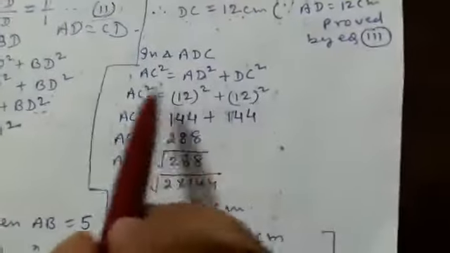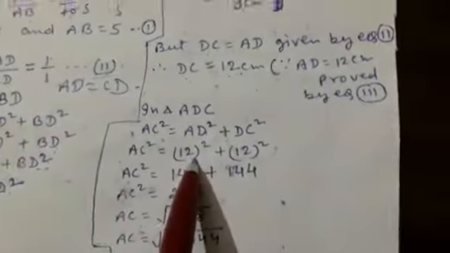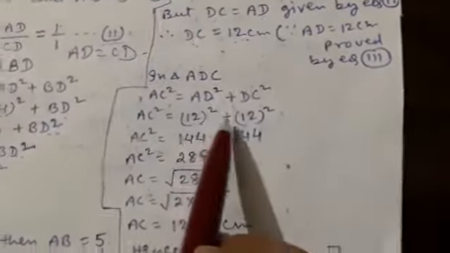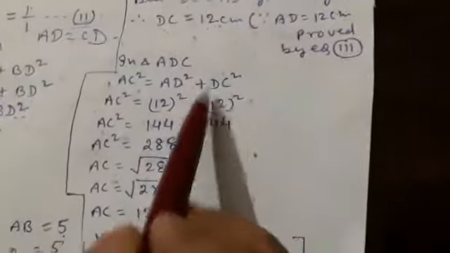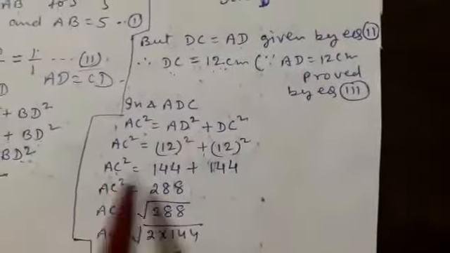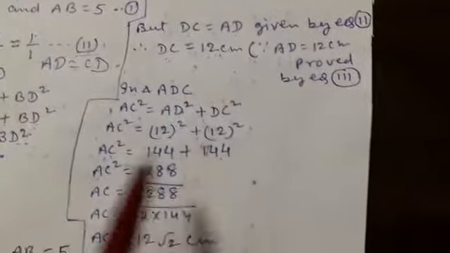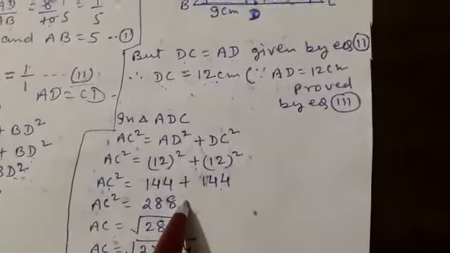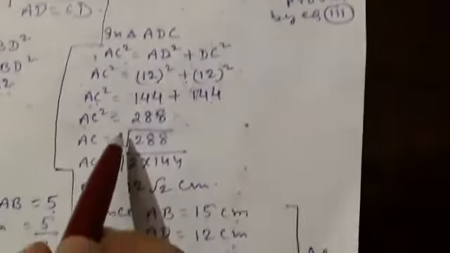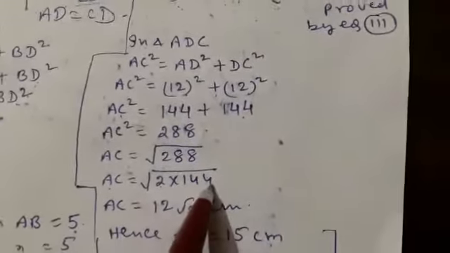Now in triangle ADC, AC square is equal to AD square plus DC square. So AC square is equal to, what is the value of AD? 12 whole square plus DC is also 12, so it is also 12 whole square. So AC square is equal to 144 plus 144. So AC square is equal to 288. So AC is equal to root over 288. So AC is equal to, we can write down 288 like this, root over 2 into 144.